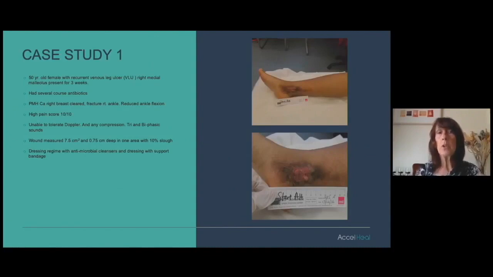She was unable to tolerate a full Doppler assessment, but her pulses were triphasic sounds, and she was unable to tolerate any compression therapy. Her wounds measured approximately 7.5 centimetres square with 0.5 centimetre depth and an area of slough in the middle of 10%. She was having a dressing regime of antimicrobial cleansers and dressings and support bandages.